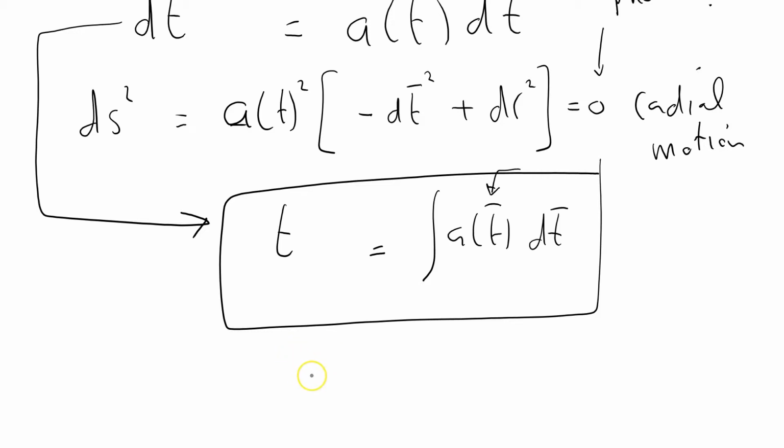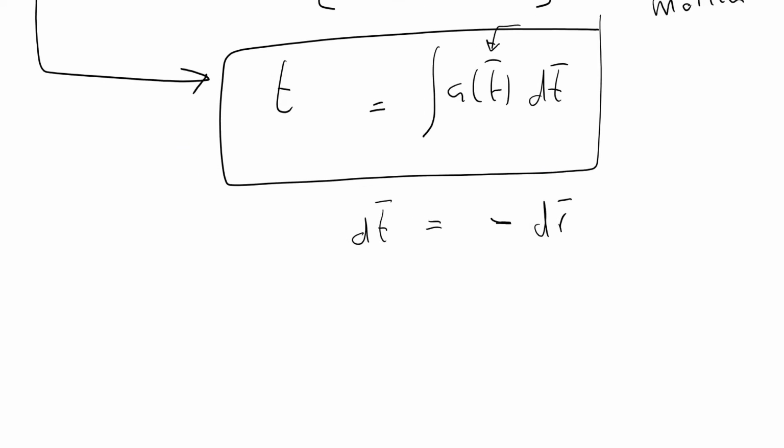Okay, so along a radial photon line, we've got that dt bar equals minus, let's say it's coming in, dr. And so that tells me that t bar obs minus t bar emit equals minus r obs minus r emit.